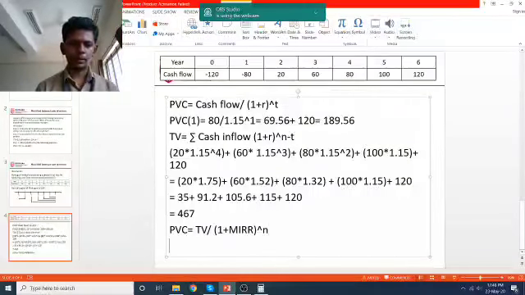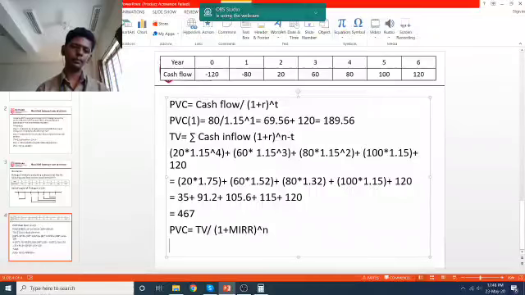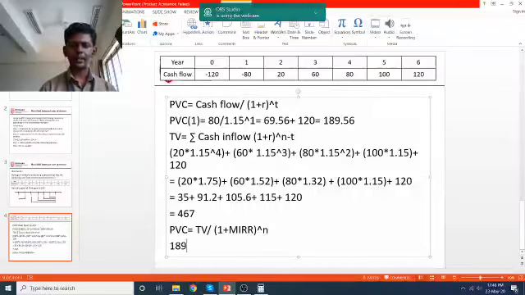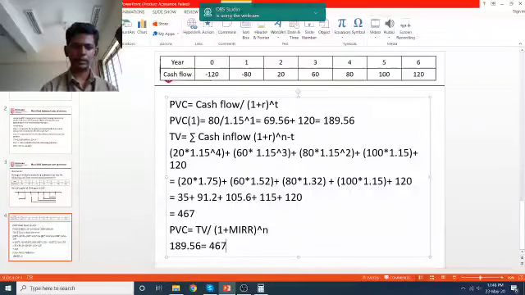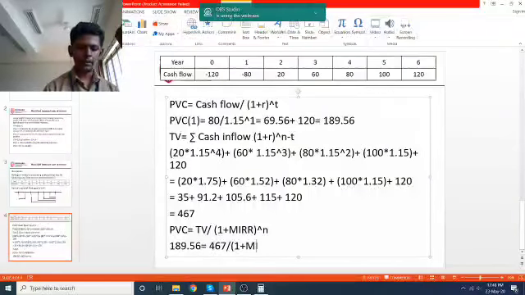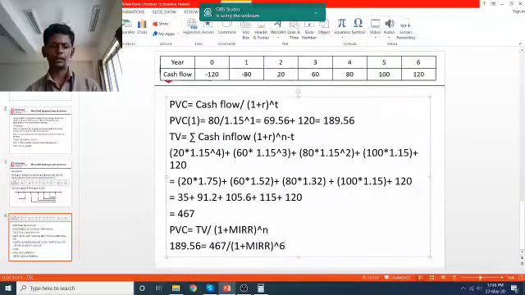Now let's try to solve this equation. The present value of cash outflow, 189.56, is equal to the TV, which is 467, divided by 1 plus MIRR whole to the power of 6, right?